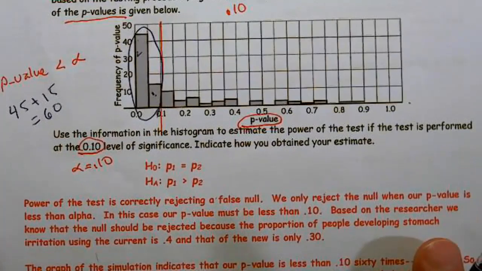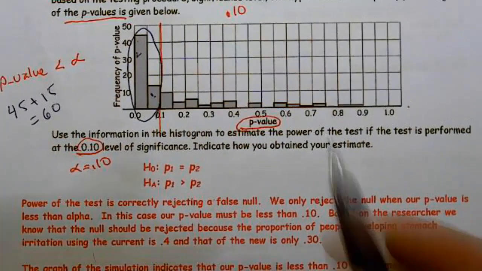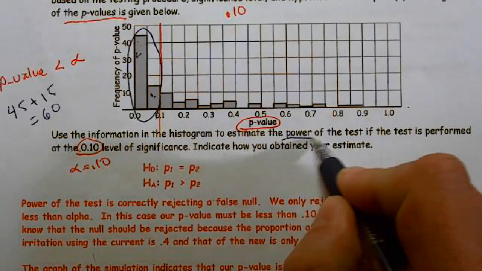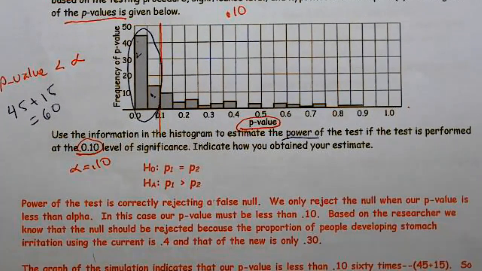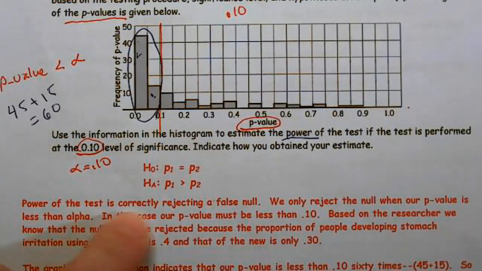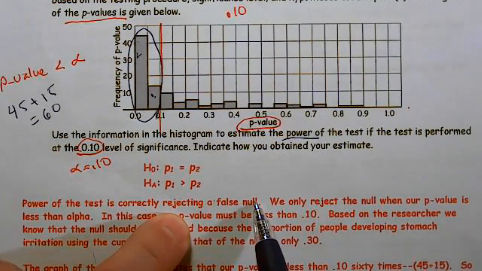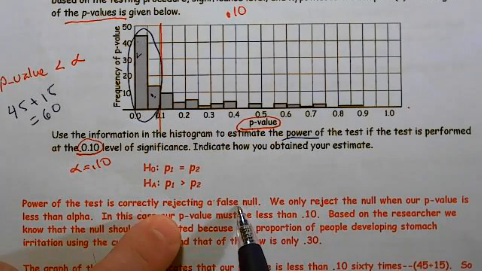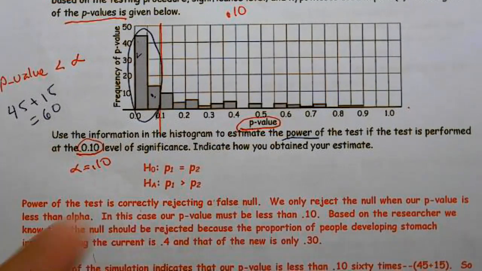So they're asking me about power. Whenever someone asks me something that has a definition, I tell them, hey, I'm smart, I know my definition. My definition is that power of the test is rejecting a false null, correctly rejecting a false null. This doesn't really give me credit, but it'll help me with my explanation.